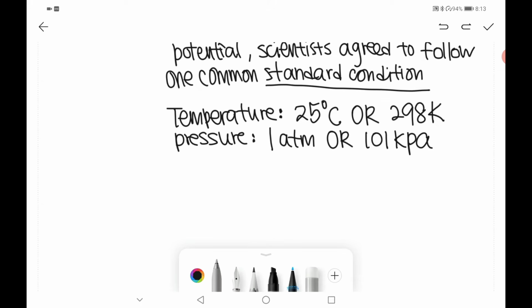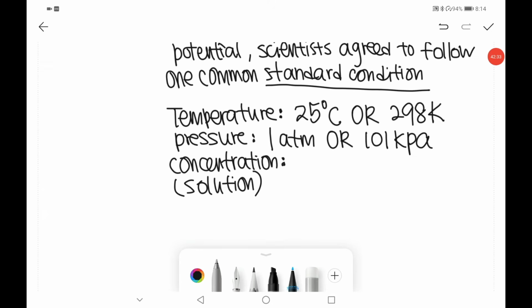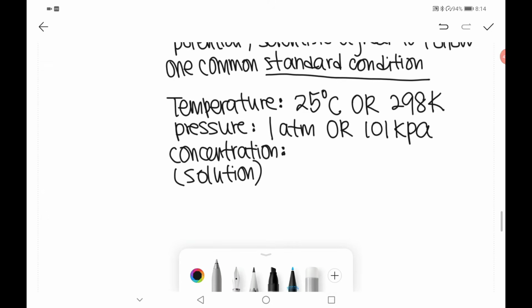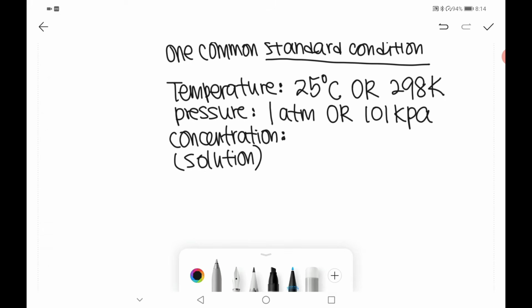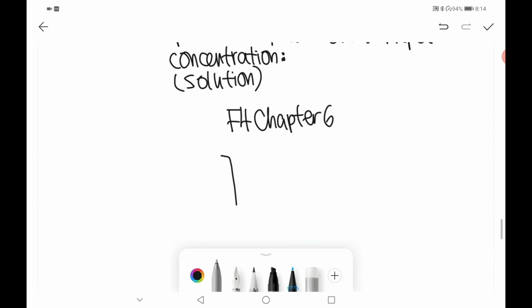The next thing is the concentration. Concentration always refers to the solution. We learned about concentration back in Form 4, Chapter 6. If you forget, please refer back to it. It is about how many things you have in a solution.